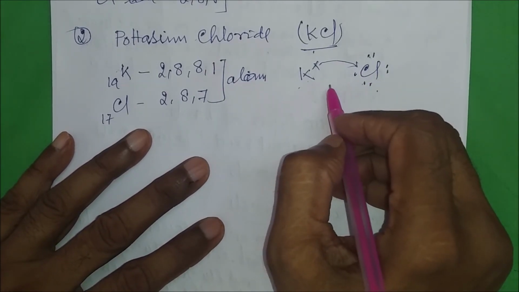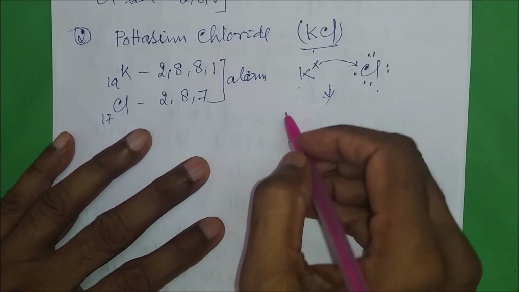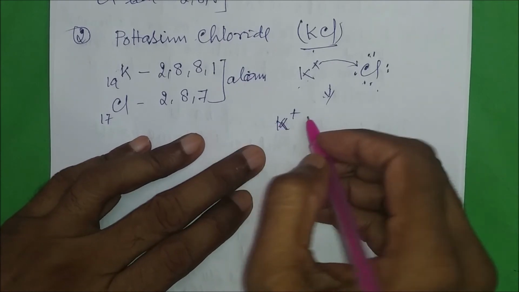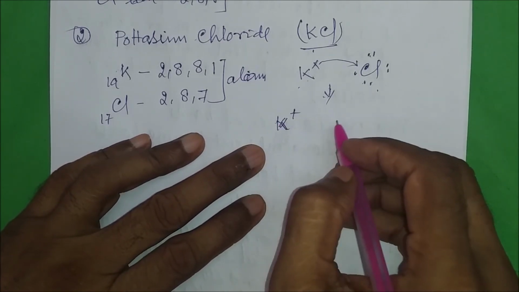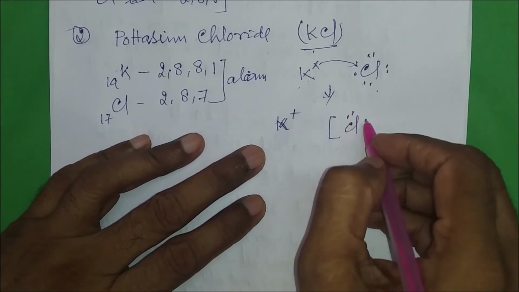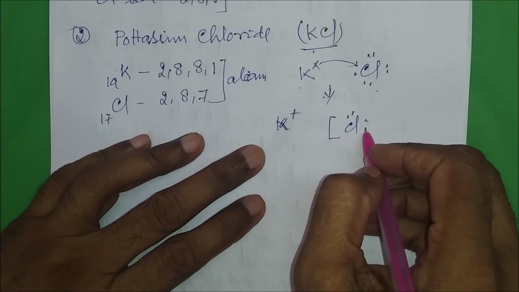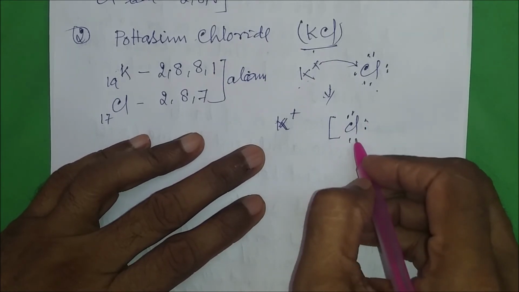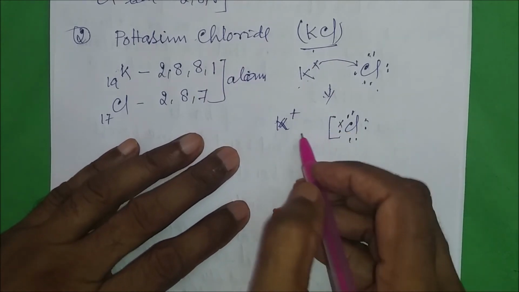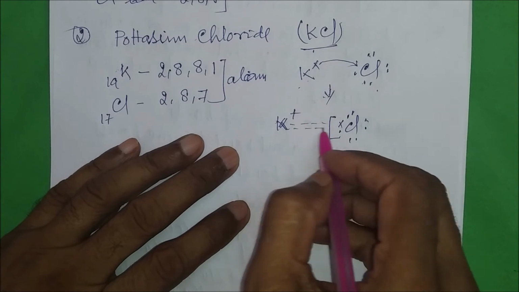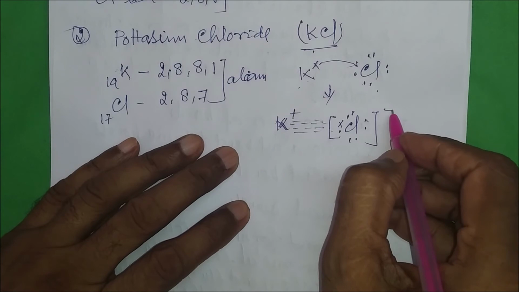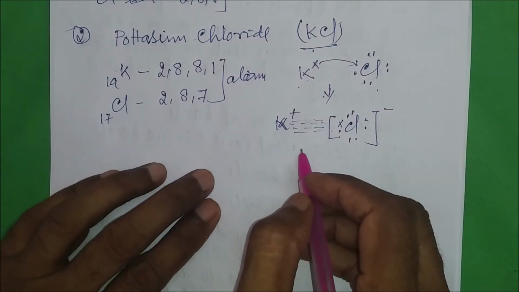When it has been transferred, it gives you potassium plus, and chlorine 2, 8, 7 with the one electron that has come here. So this becomes positive, since one has been transferred from there, and this becomes negative.